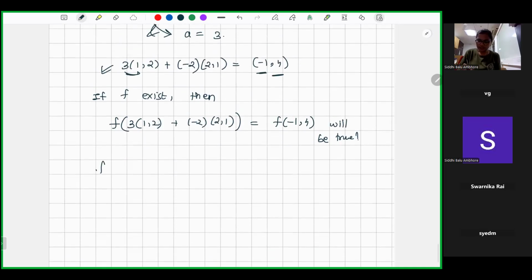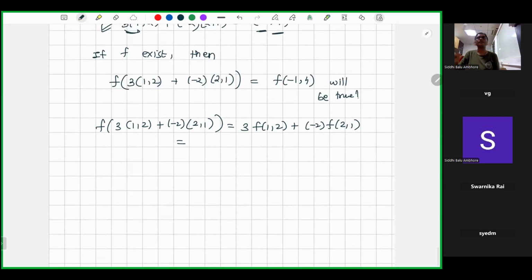But what is f of 3(1, 2) + (-2)(2, 1)? It is 3 into f of (1, 2) plus (-2) into f of (2, 1), right? By the definition of linearity, because we are assuming f to be linear. If such a linear map f exists, then this happens.